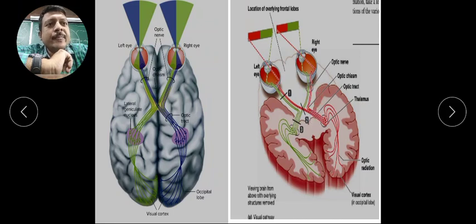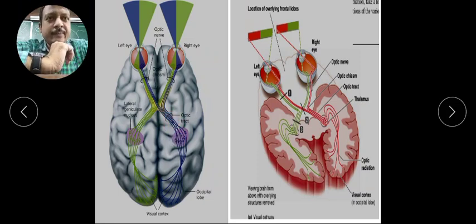That means after the optic chiasma, the optic tract is formed, and one-sided optic tract consists of same-sided temporal fibers and opposite-sided nasal fibers. Okay.